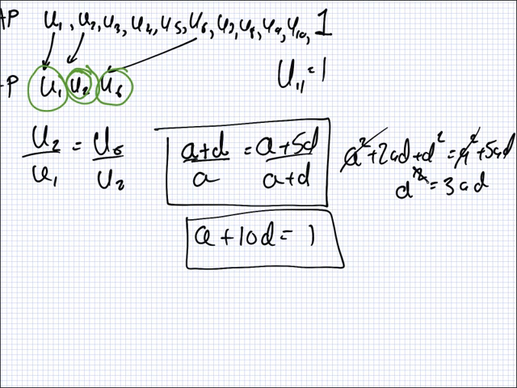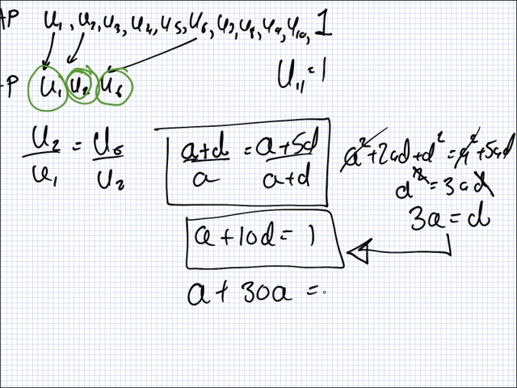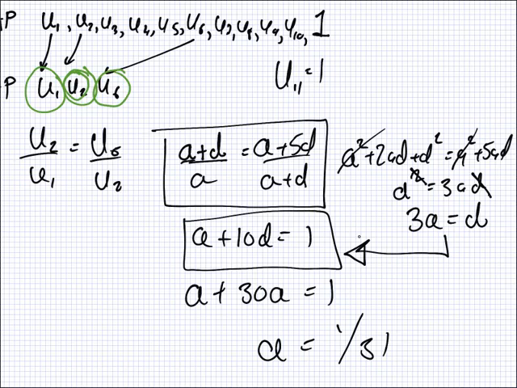D, because D can't be 0. So I end up getting D equals 3A. Then I can sub it into A plus 10D equals 1. So D is 3A, and that's A plus 30A equals 1. So A equals 1 over 31, and that's the answer. Now that's a hard one, but that was an exam question.